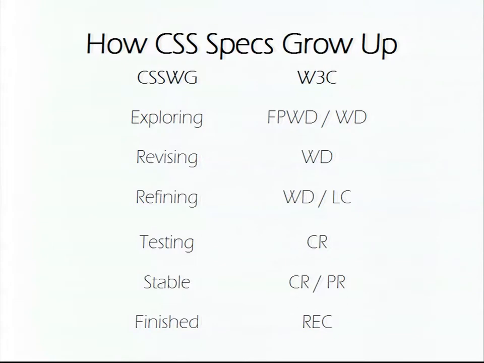So we write test suites, we try to get implementations, and once you have a test suite and 2 independent implementations made by different teams developing different layout engines that pass those, then we know that the spec is good, it's got enough detail, it's implementable on multiple architectures, and that's when the spec gets finalized and goes to CR, or rec.